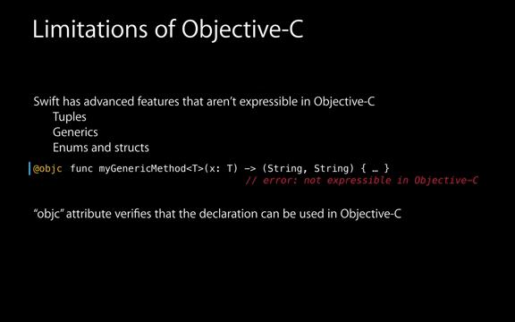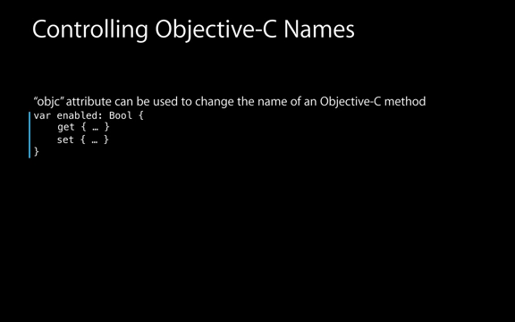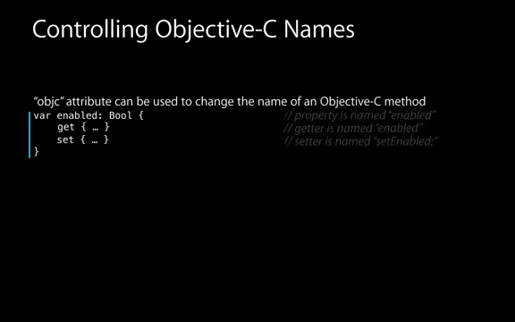Now, the @objc attribute actually has a second purpose, and that's controlling the names that you see on the Objective-C side of things. So here's a property, enabled. It has a getter. It has a setter. In Objective-C, this is going to come through as a property named enabled, a getter named enabled, and a setter named setEnabled:.